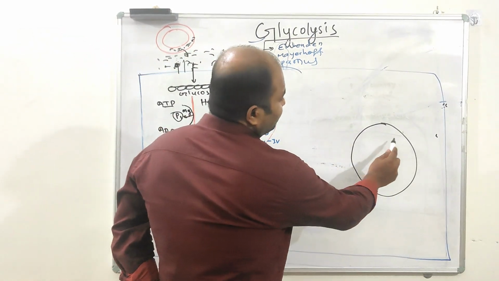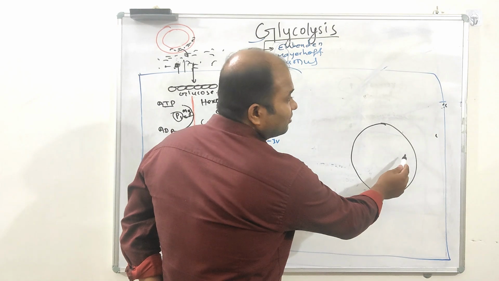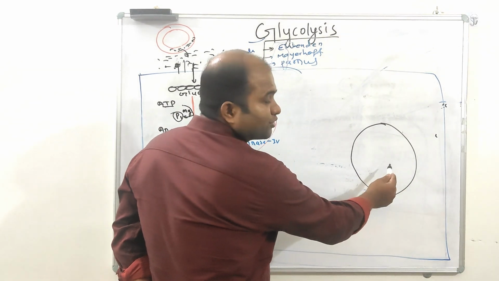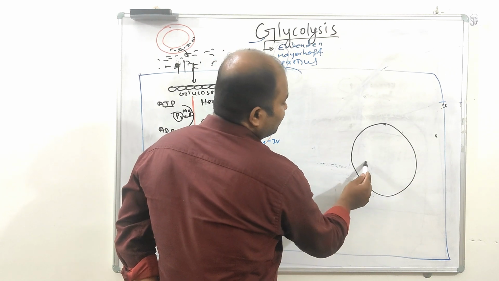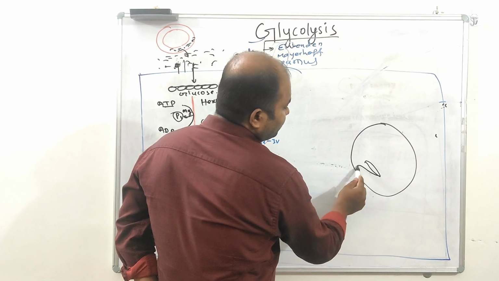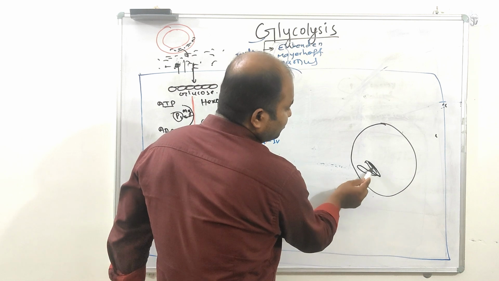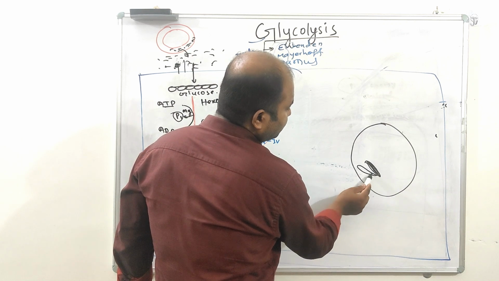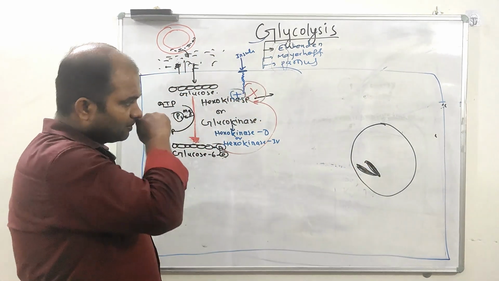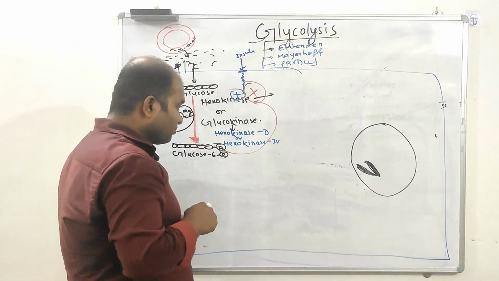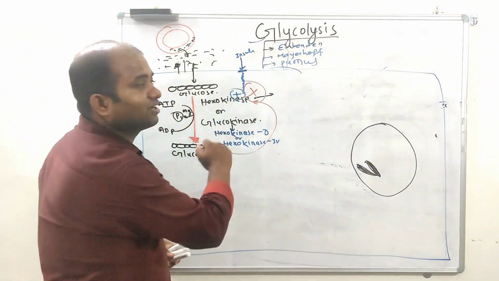And in the nucleus, from the gene, the genetic coding will be there. From the DNA replication and all, one protein is formed, and it will be stored inside the nucleus. This is a special type of protein. All proteins follow the same mechanism. So this special type of protein stores glucokinase.